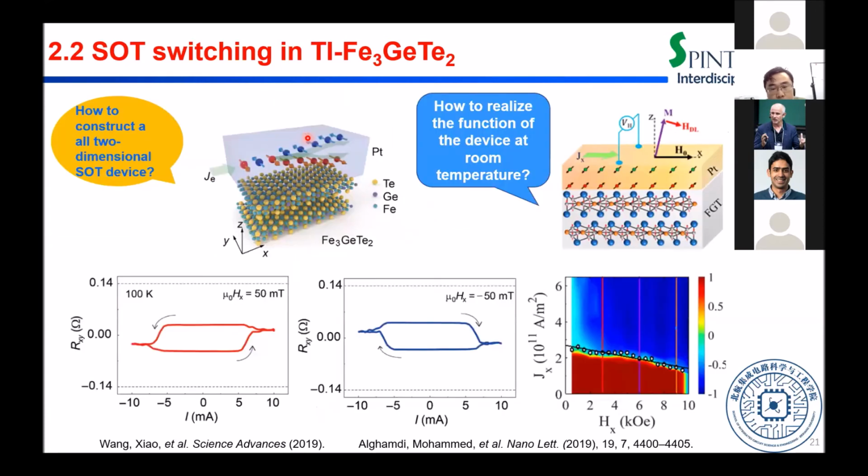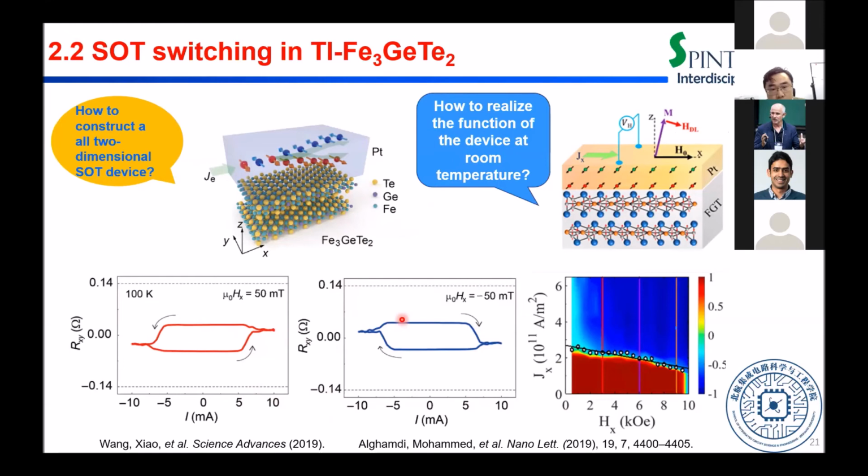Actually, there are already two papers published last year and two years ago. One is from Professor Guo Qiangyu from the Chinese Academy of Sciences. One is from Professor Shi Jing from UC Riverside. They use platinum combined with antimony telluride, and they can realize SOT switching.